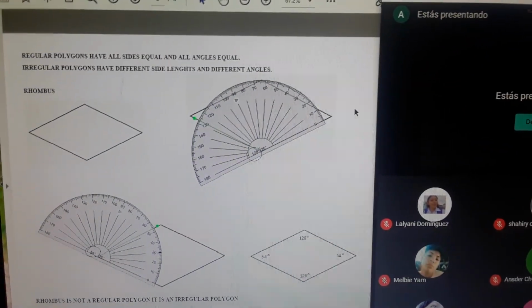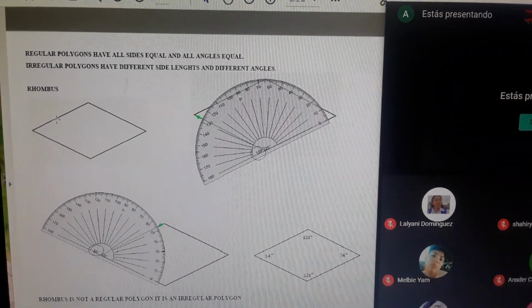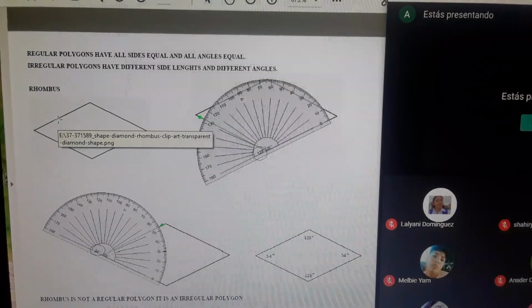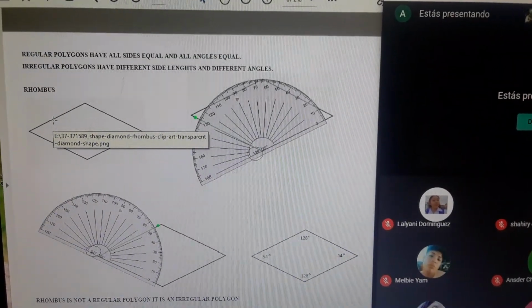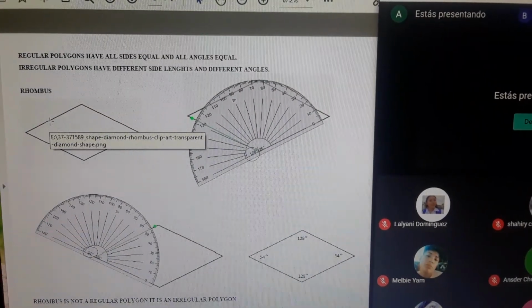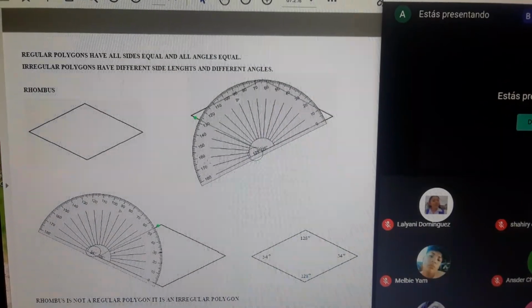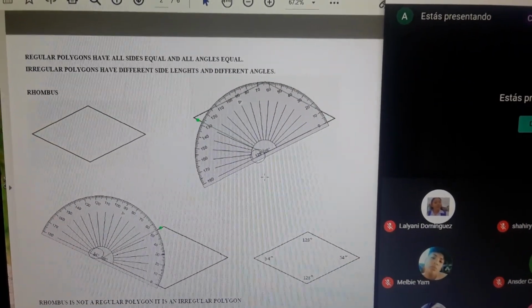And we came out with this figure here, which is a rhombus. Okay? Many of us said that figure was a regular polygon. Why do we say it's a regular polygon? Because if we look at the figure, the sides are equal.